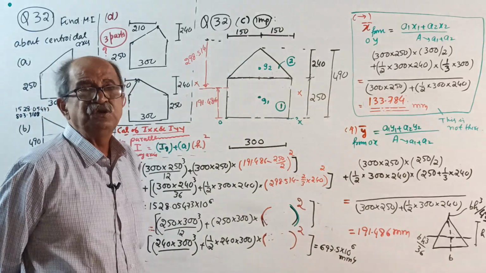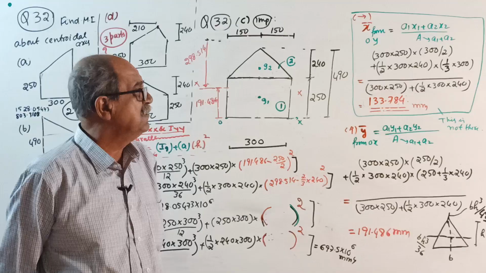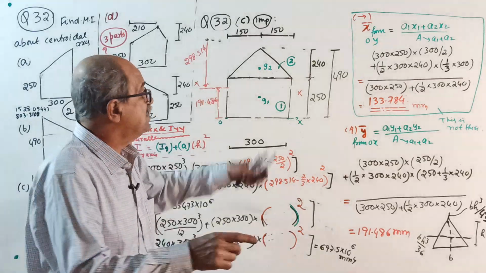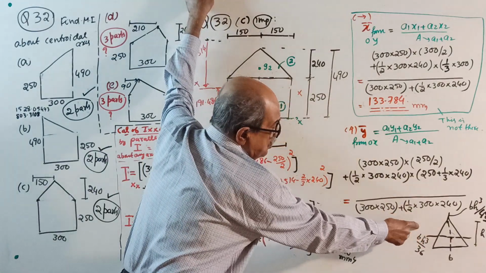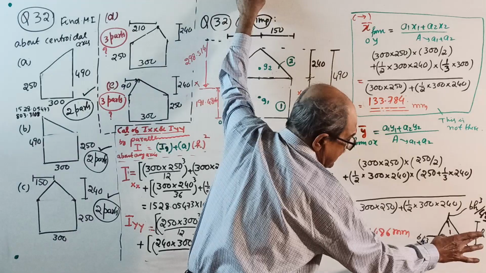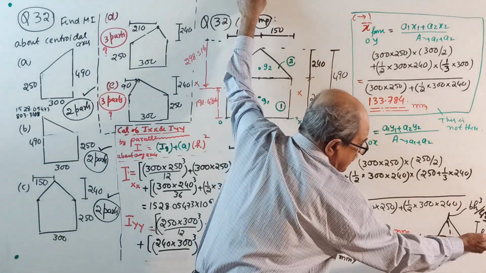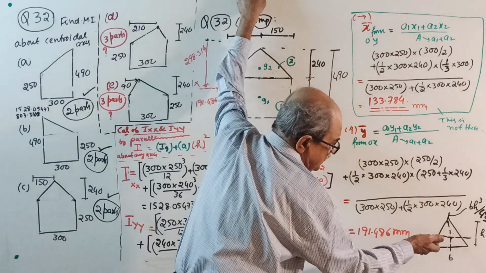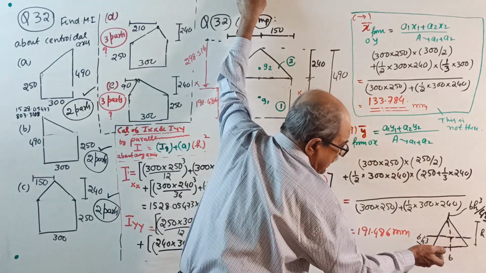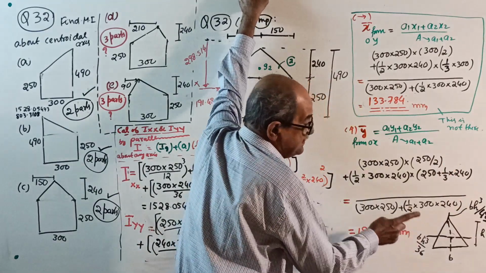If it is an isosceles triangle, don't waste time dividing into 2 right angle triangles. Make a note for an isosceles triangle. If the base is B, both halves are B by 2 and the centroid is here. The axis passing through the centroid and parallel to the base is the usual B into h cube by 36.